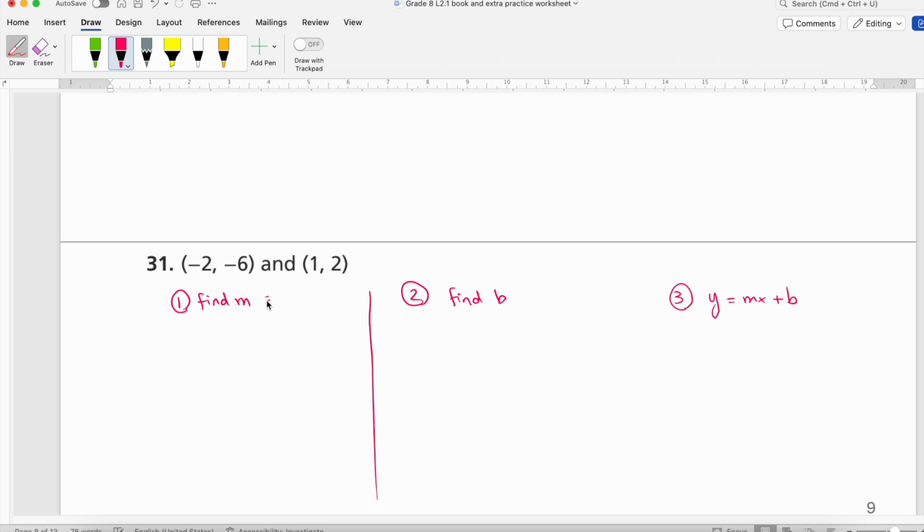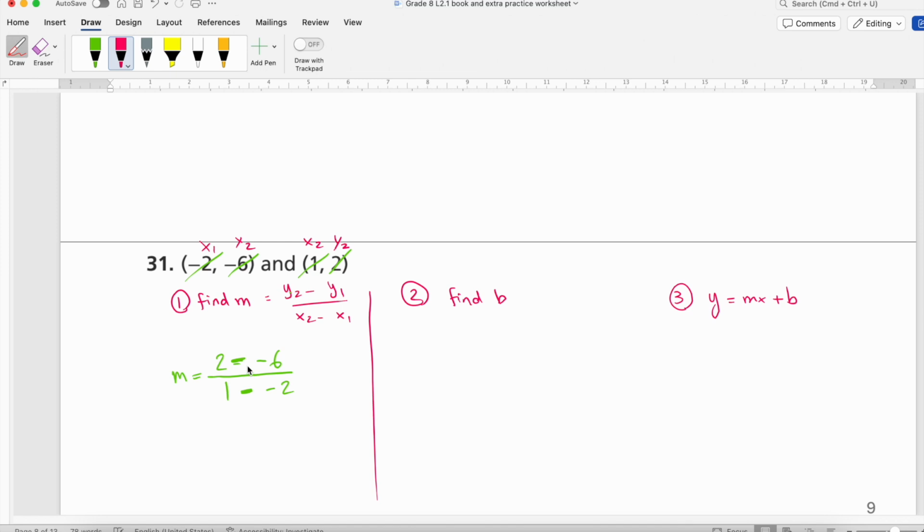To find m, I have to use y2 minus y1 over x2 minus x1. So this is point 1, this is point 2. X and y, x and y. Let's substitute. So m equals, what is y2? It's 2 minus y1, it's negative 6, over x2, which is 1, minus x1, it's negative 2.